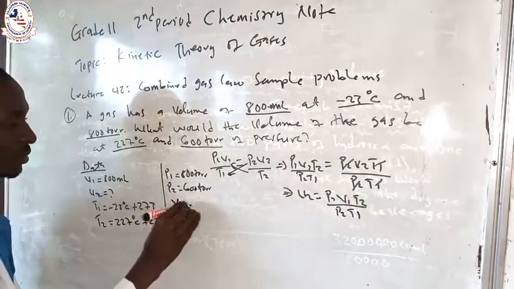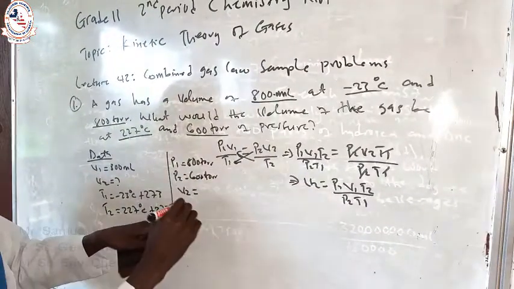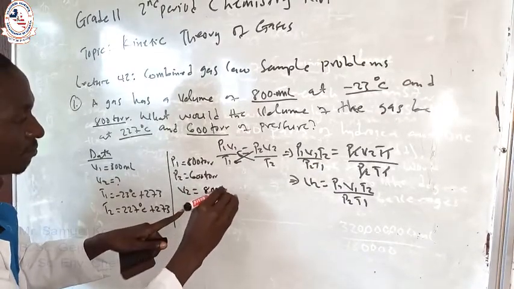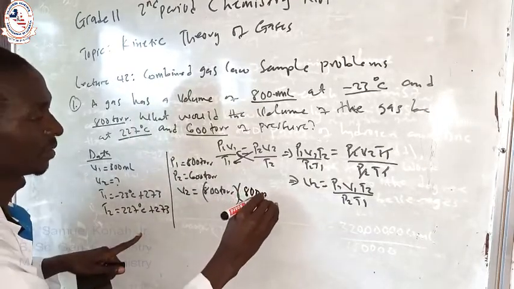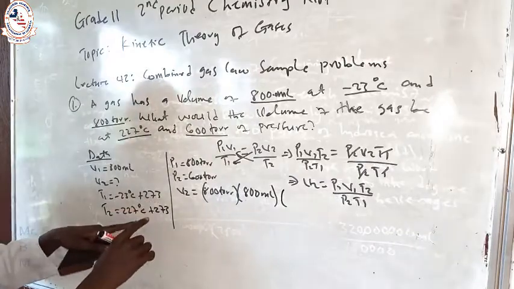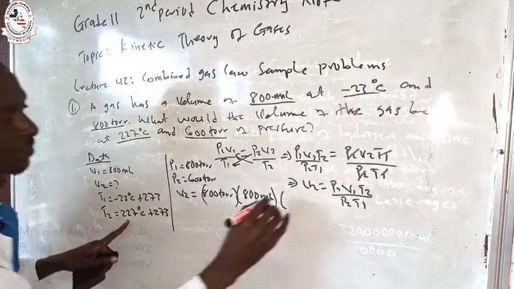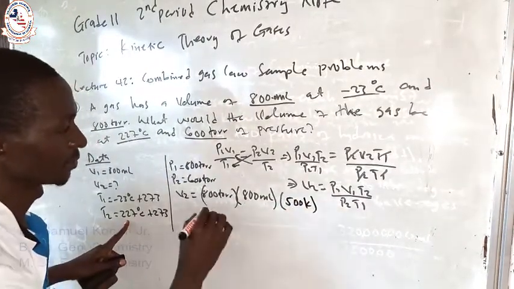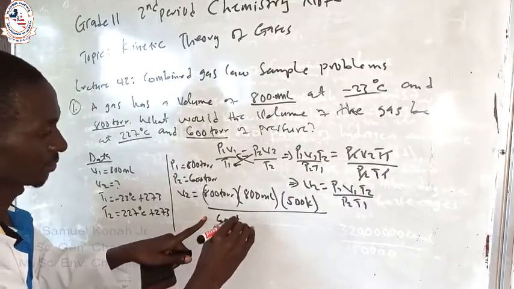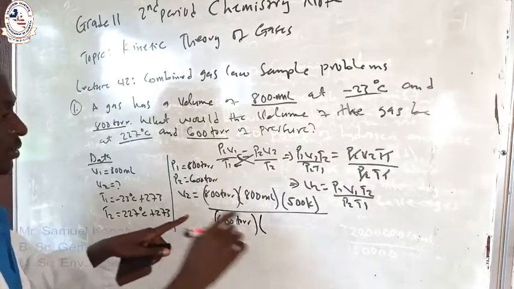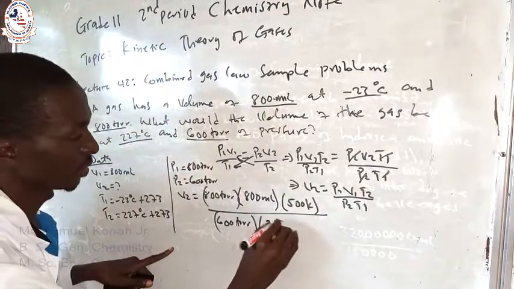If we substitute our values, our P1 is 800 torr, our V1 is 800 milliliter, and our T2, adding 227 to 273, gives us 500 K. Our P2 is 600, and our T1, subtracting 23 from 273, gives us 250 K.